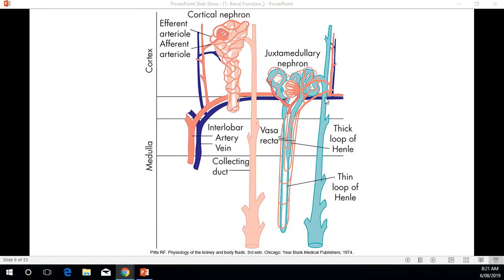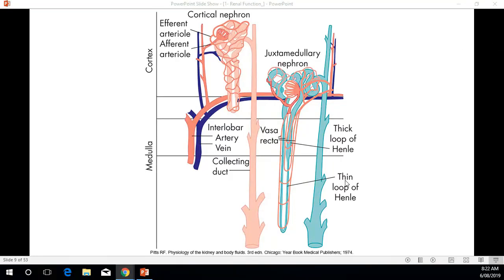Now these nephrons, although they are small in number, play a very important role in the composition of urine, in the process of what we call concentrating the urine. So the way kidneys reabsorb large amounts of water, these nephrons become very important in that process. Okay, so just remember these few points.